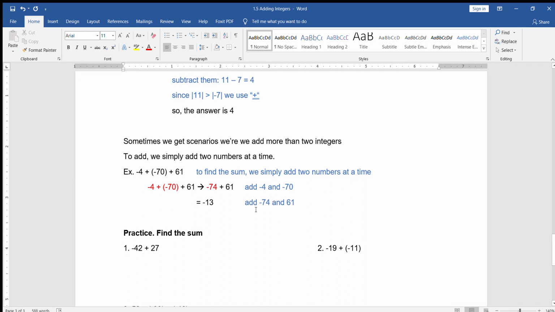So the absolute value of negative 74 is 74, absolute value of 61 is 61, so we're going to subtract 74 minus 61, which is 13. And the sign we're going to use is, which one is the larger one again? 74. So the sign we're going to use is negative. So your answer is negative 13.